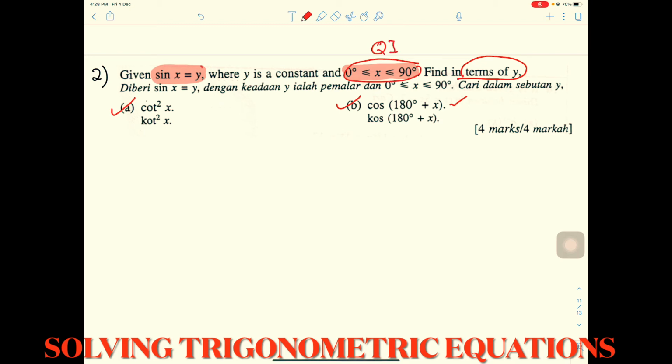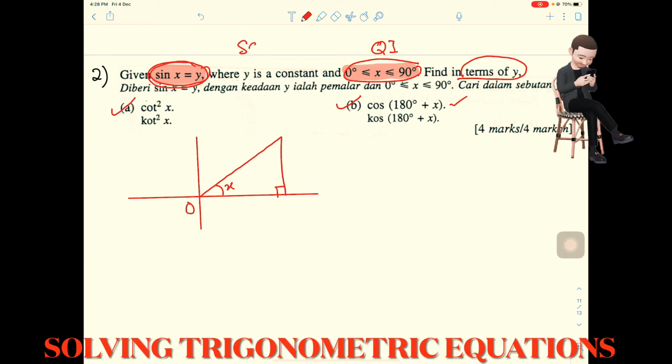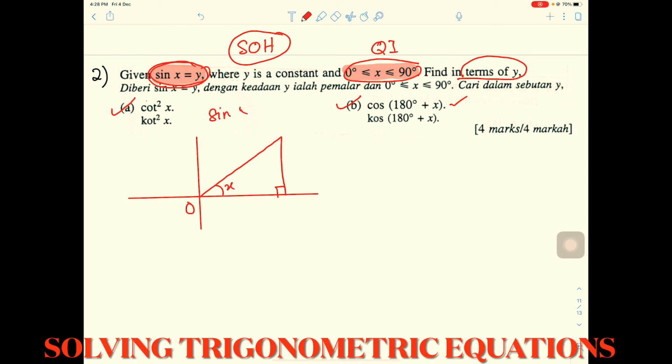Given sin x equals y, this is quadrant 1. To find with sin x equals y, we can use a right-angle triangle like this. Let's say this is angle x. Because sin x is opposite over hypotenuse, the ratio is y over 1.